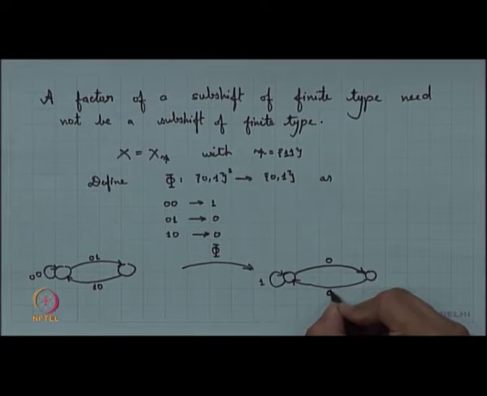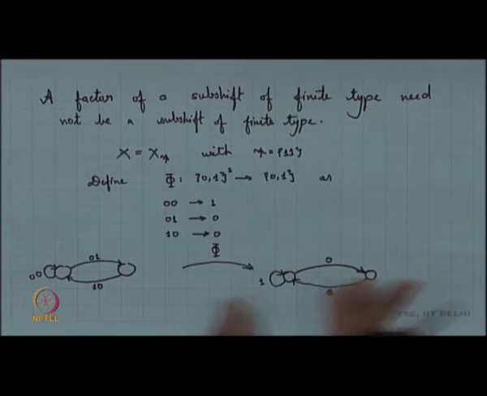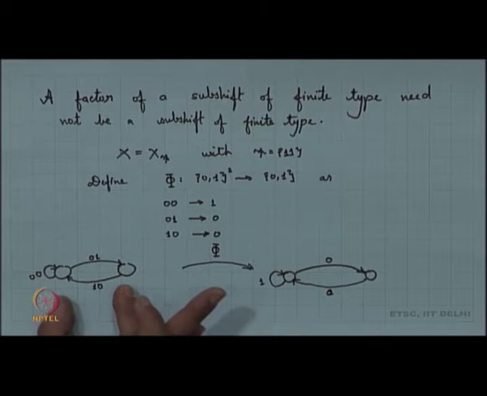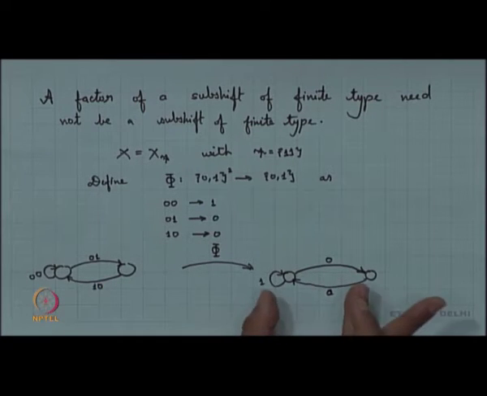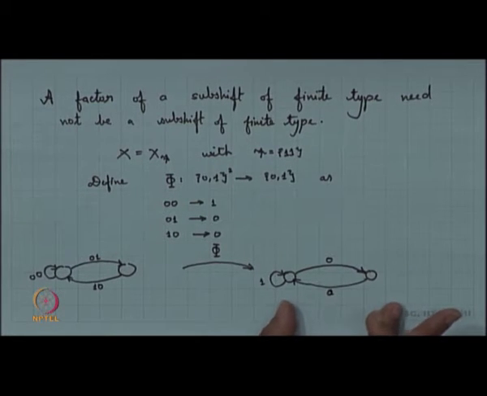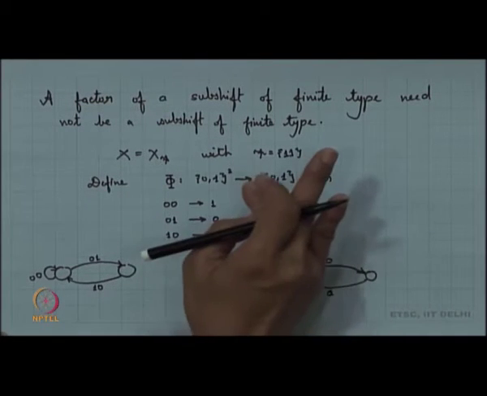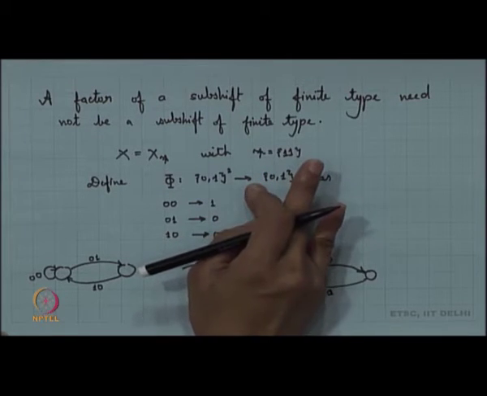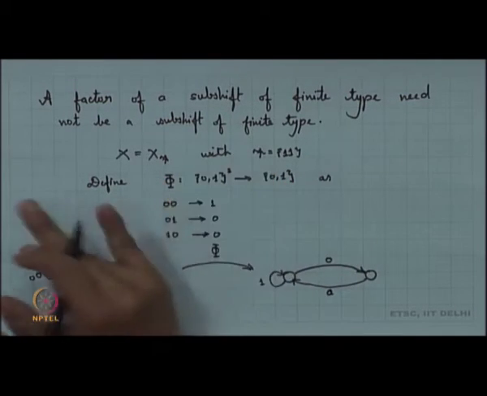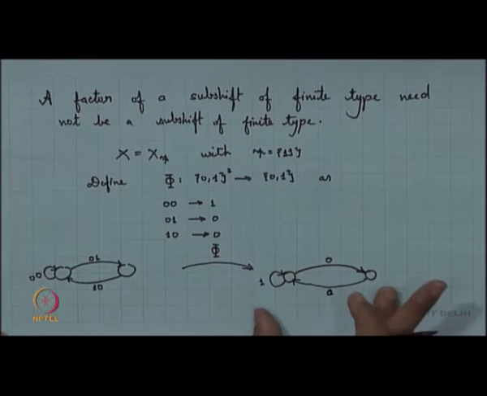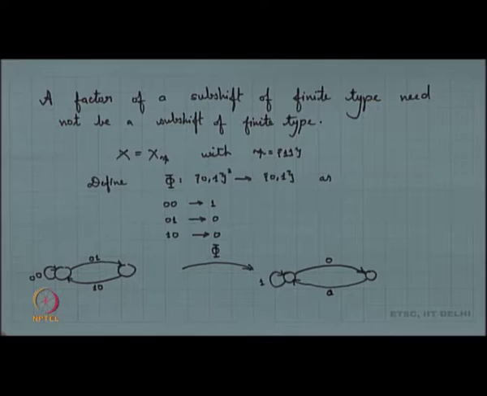Since this graph is basically a factor of this graph, the subshift that is generated here will be a factor of this particular subshift, because it would be given by this particular block code. So the block code generates a factor, and this subshift is obtained from the other subshift as a factor.